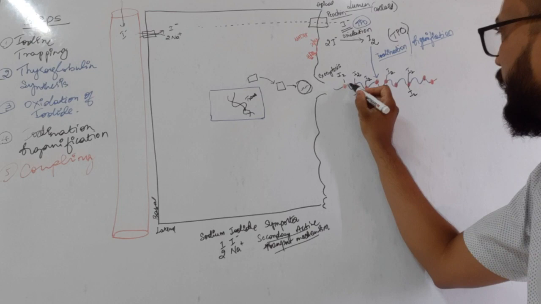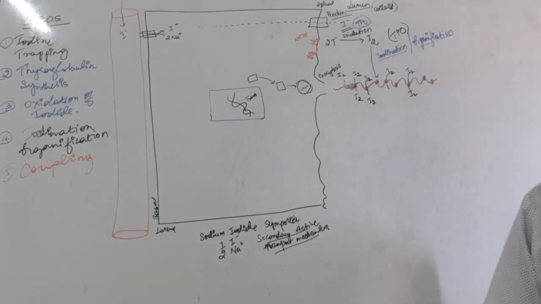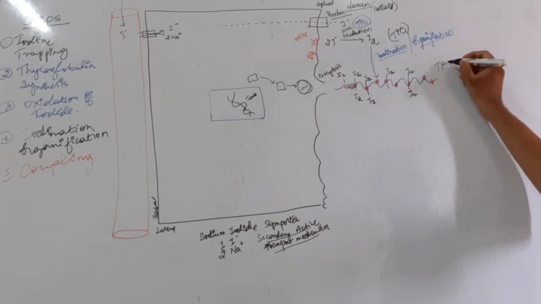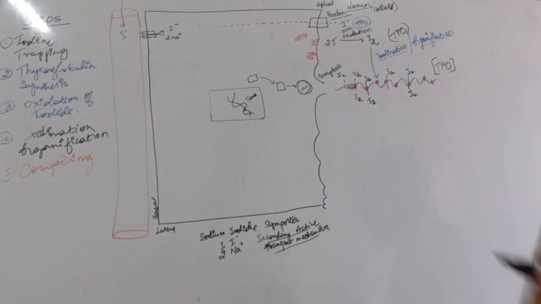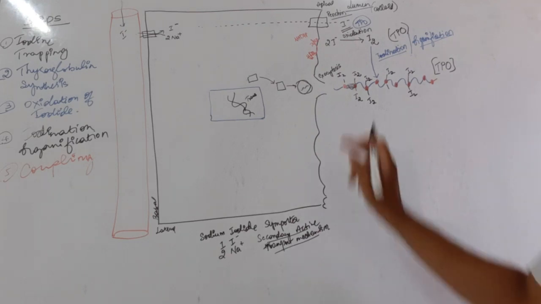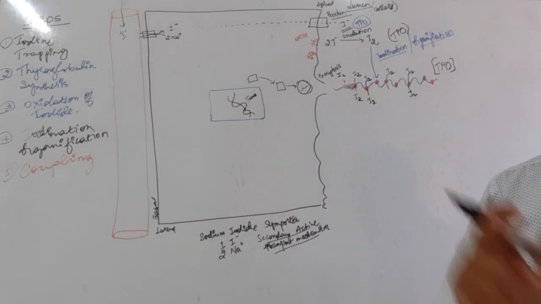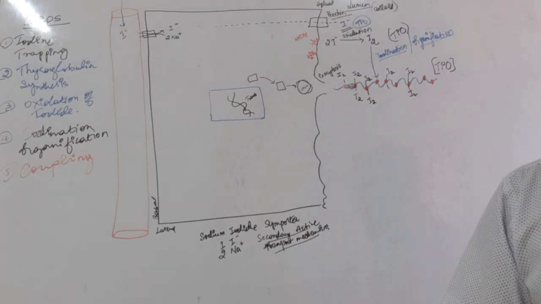There will be fusion or the linkage between these two. Again, it is under the influence of thyroperoxidase, which helps in the linkage or the fusion between the two organified tyrosine residues.